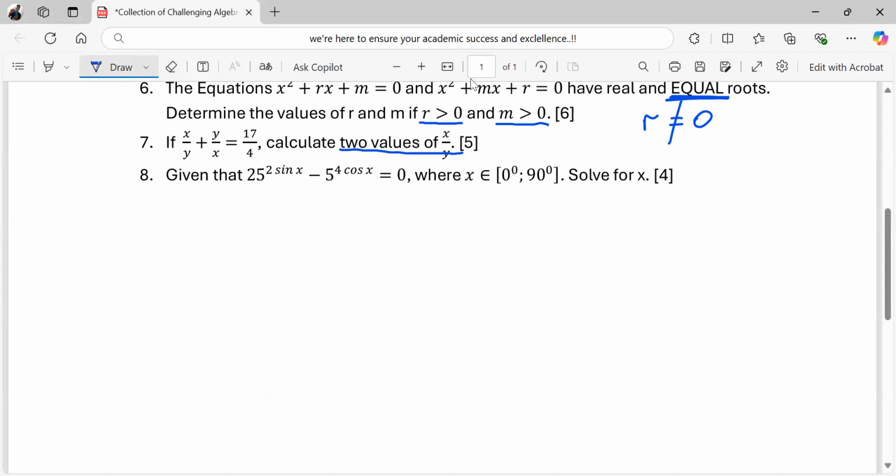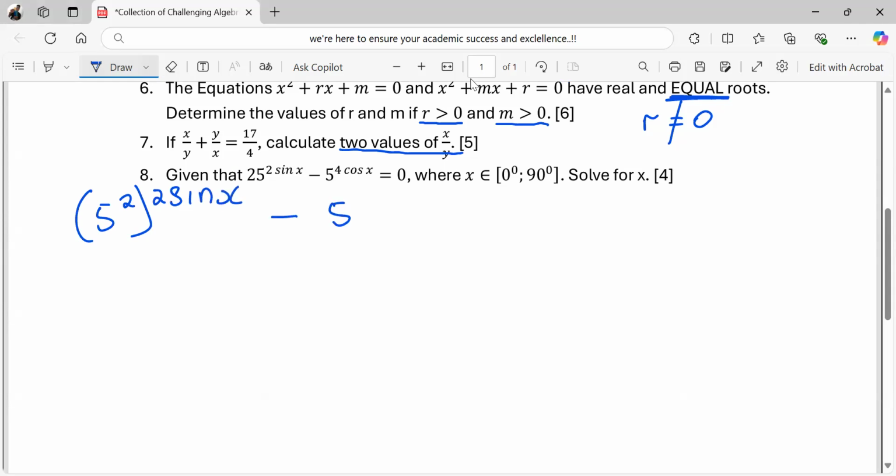Well, the first thing that we need to do here is to write this 25 in exponential form to base 5. So when we do that, we say, well, it's going to be 5 squared, which is further raised to 2 sine x.